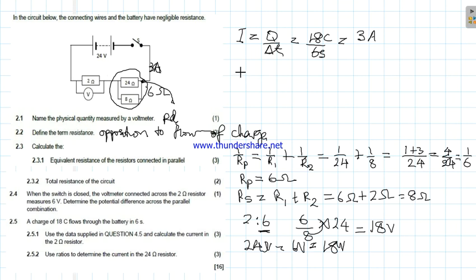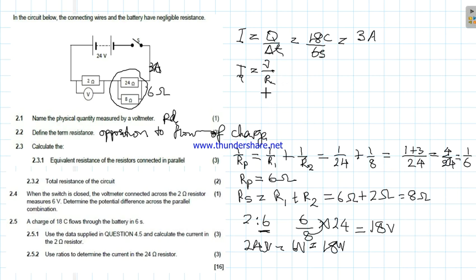Okay, so now we are going to use the formula current is equal to voltage divided by resistance.